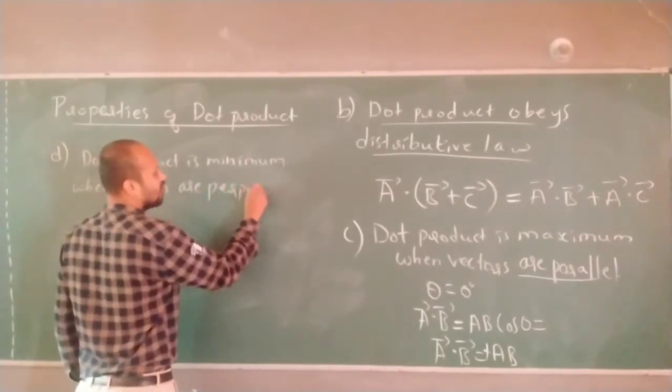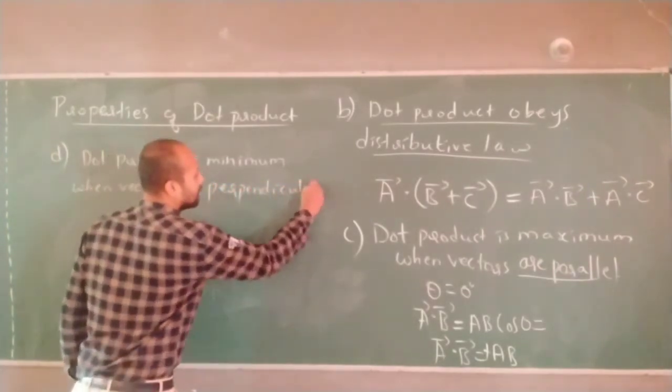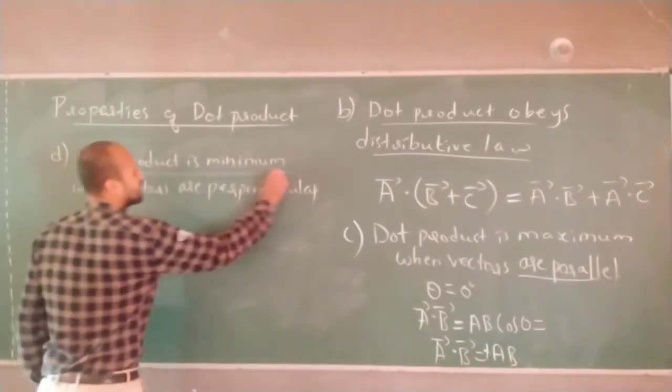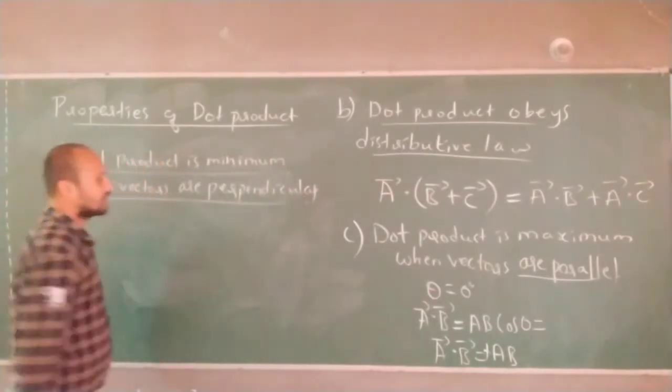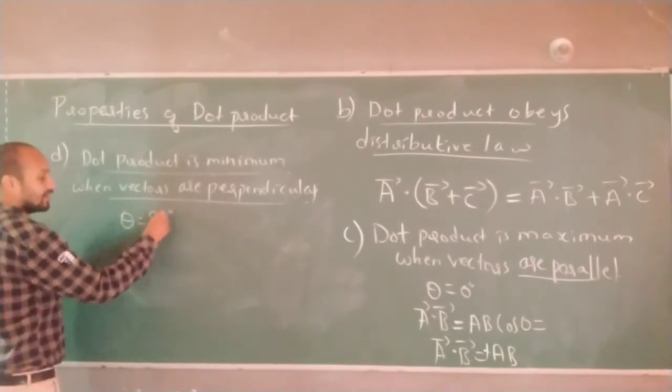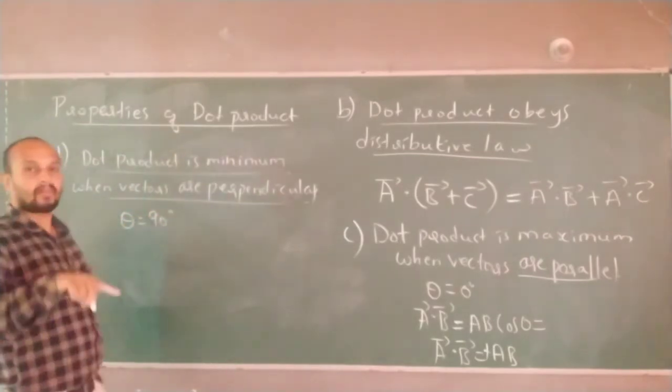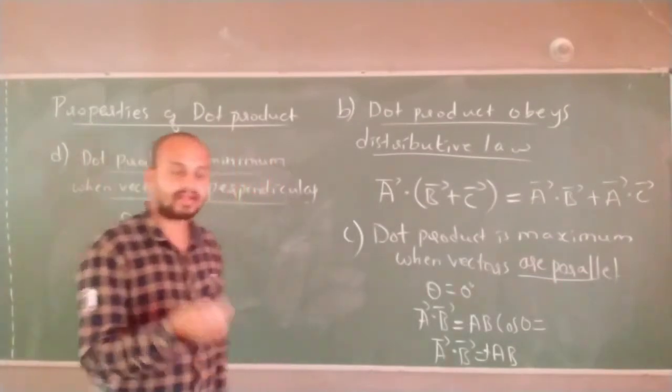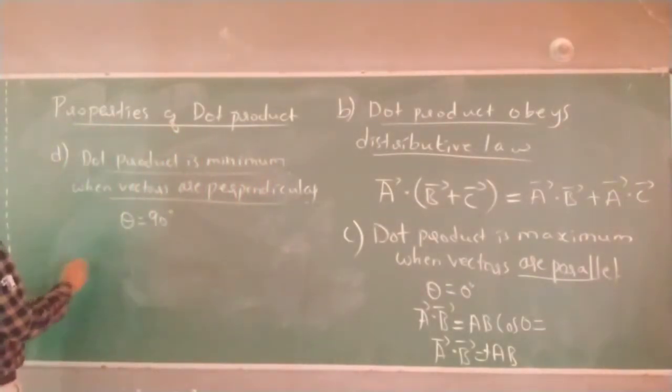I can take an example: when theta is equal to 90 degrees, is there any component of a vector along another vector? Not possible at all.